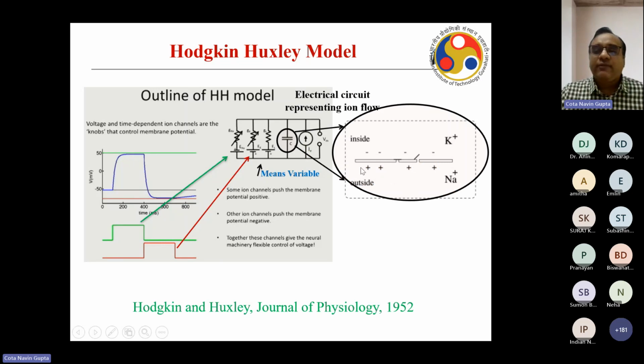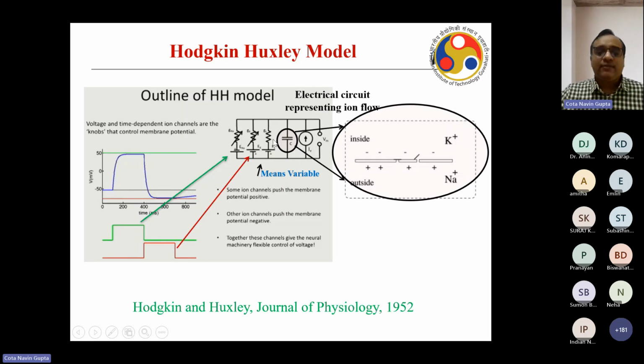So let's say you have the inside of the cell and the outside of the cell, and these are the ions present. This is your semi-permeable membrane. The semi-permeable membrane is represented by a capacitor. Okay, and each channel can be represented using one resistor and one current source. So these are your voltage and time dependent ion channels.